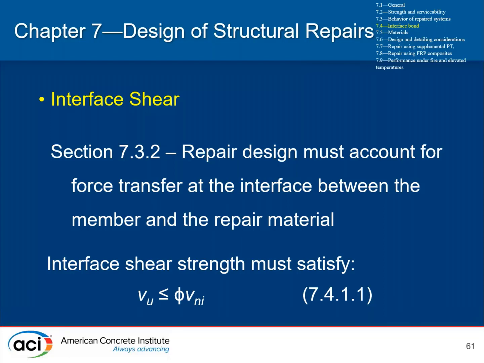So in accordance with section 7.3.2, the repair design needs to account for the force transfer at the interface between the member and the repair material. And so, again, to satisfy strength requirements, the nominal capacity shear stress has to be greater than the applied stresses from shear across the interface of the repair area.